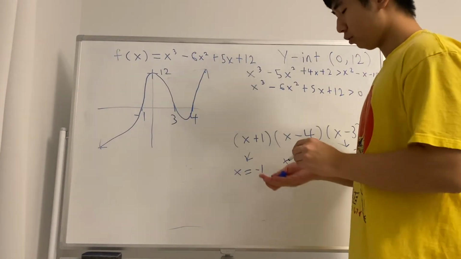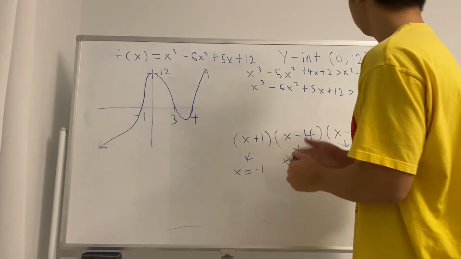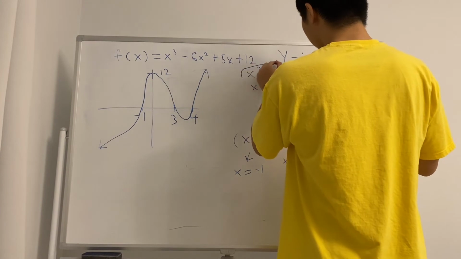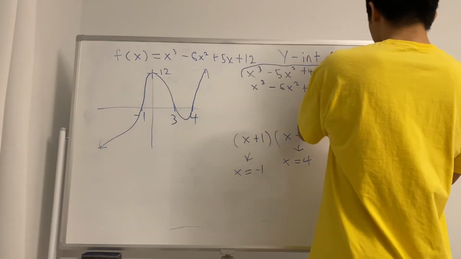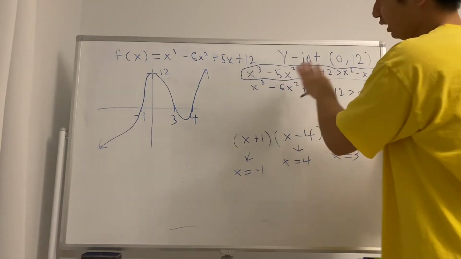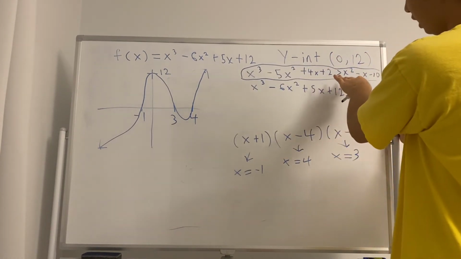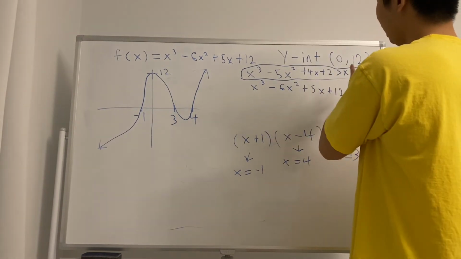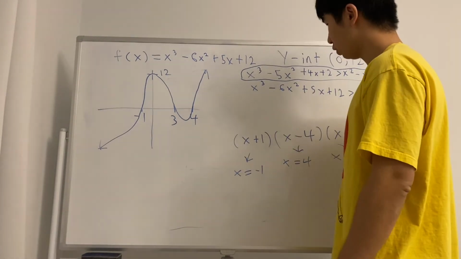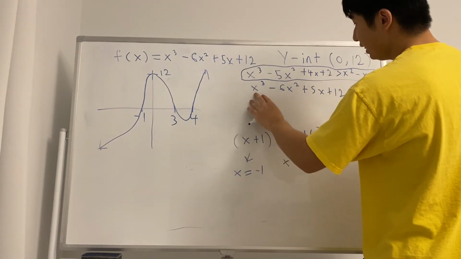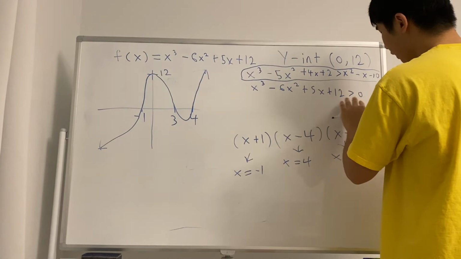Now, if you remember, originally, this is what we had to solve. We had to solve this inequality. And this is what it looks like after we moved everything to one side and simplified everything. So notice we have to solve for when this polynomial is greater than 0.